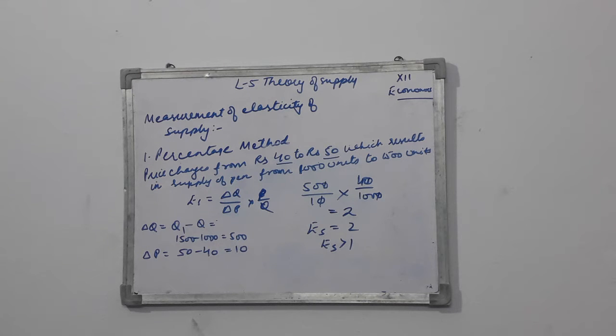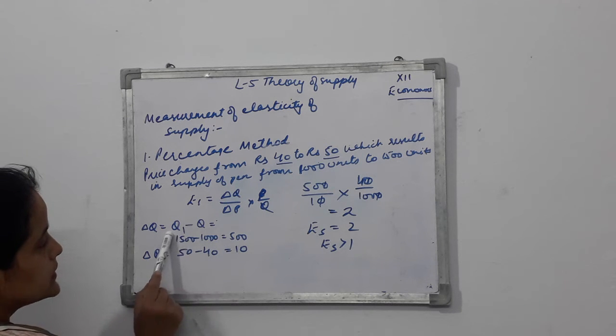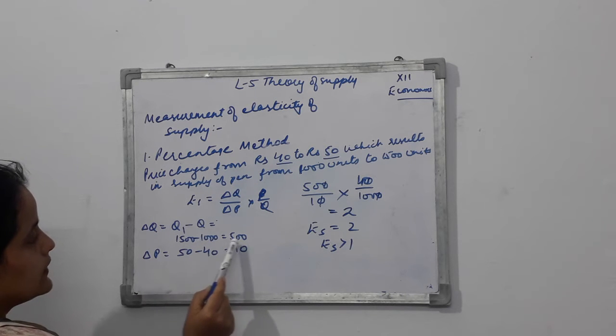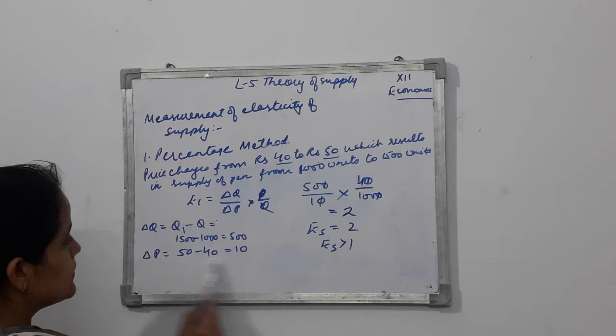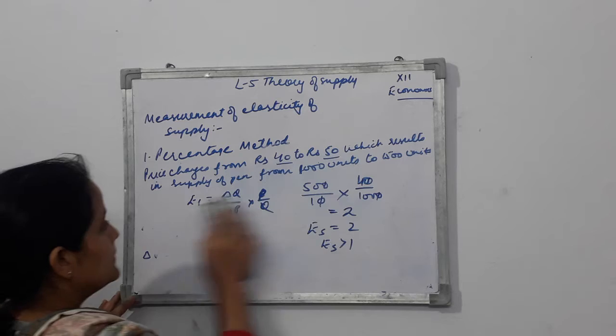So we are using the formula delta Q upon delta P into P upon Q. Delta Q is going to be Q1 minus Q. Q1 is your new quantity supplied and this is your old quantity supplied. So 1500 is your new quantity supplied minus old quantity will give you 500 units. Same way with P. We solved it. This is the first example. I hope this is clear.